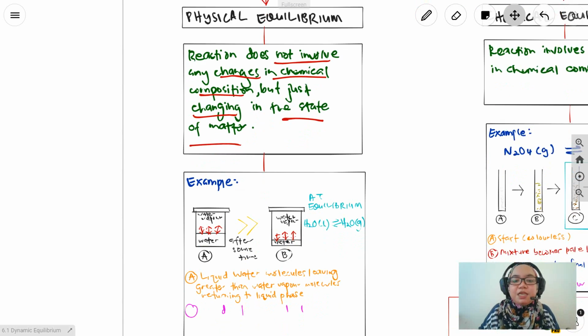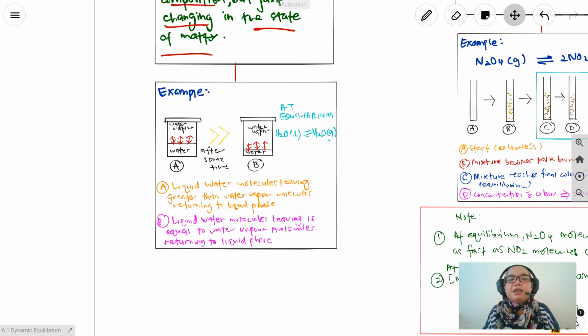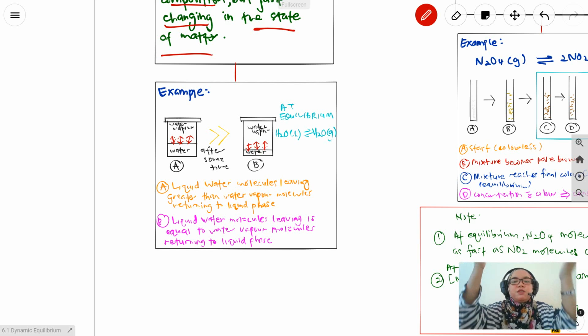Okay, for example, here we have the vaporization of water. So in picture A, it says that the rate of liquid water molecules leaving is greater than the water vapor molecules returning to the liquid phase. Okay, dekat sini water yang banyak vaporize into water vapor instead of water vapor returning back into liquid phase.